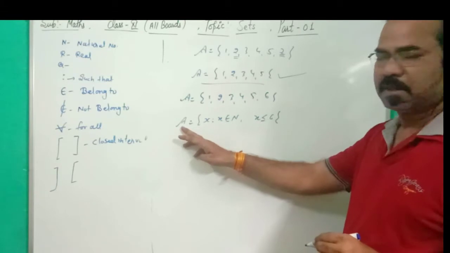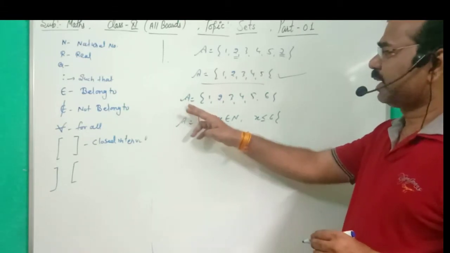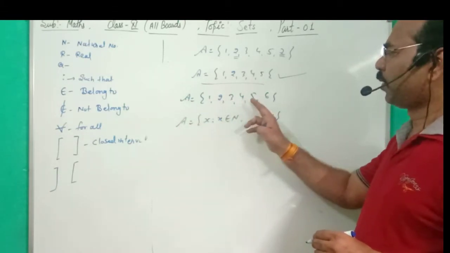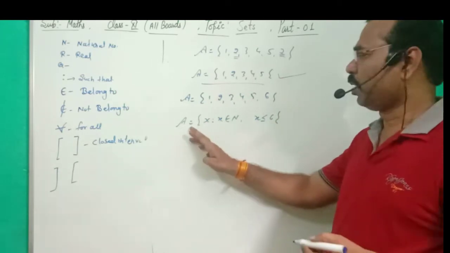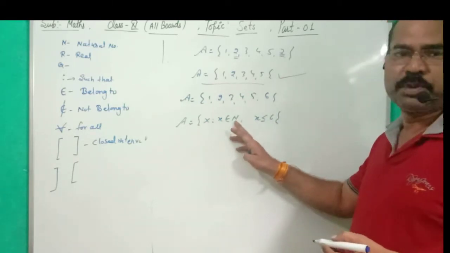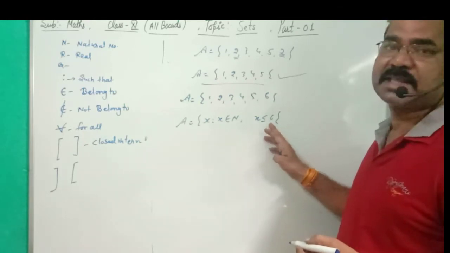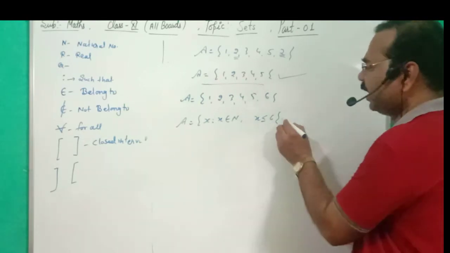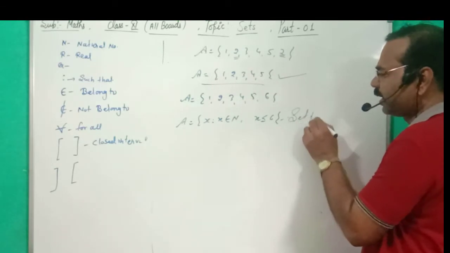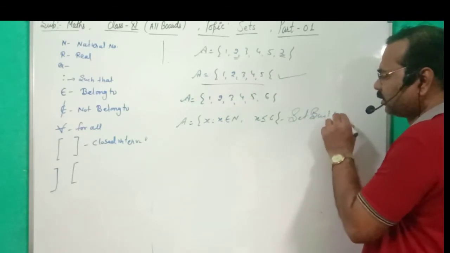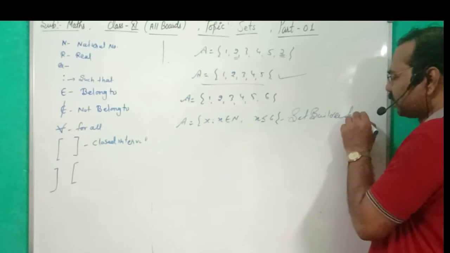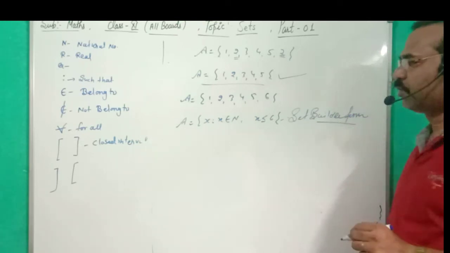So given the set 1, 2, 3, 4, 5, 6, we can write it as X such that X belongs to natural numbers where X is less than or equal to 6. That is called a set builder form. Okay students, do you understand what a set builder form is?